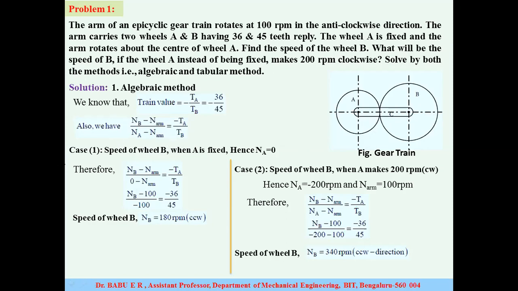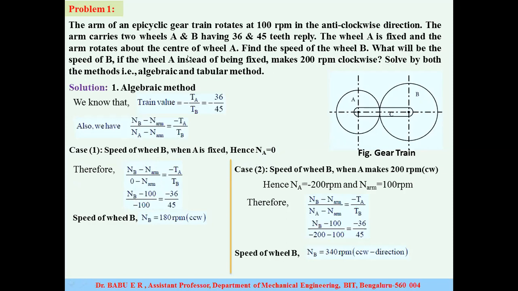Go for case 1. In case 1, we have to find the speed of wheel B when A is fixed. When A is fixed, the speed of gear A becomes 0, so NA equals 0. Therefore, use the formula NB minus NRM divided by 0 minus NRM, which equals minus TA by TB. Just substitute the values. NB is what we have to find out.